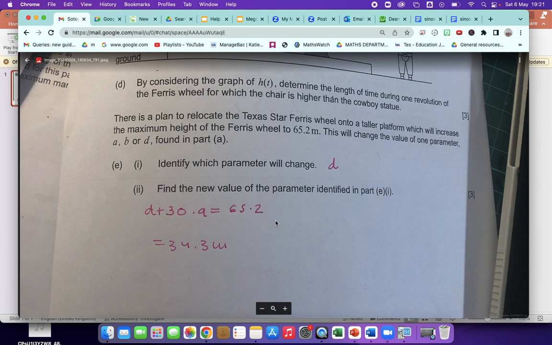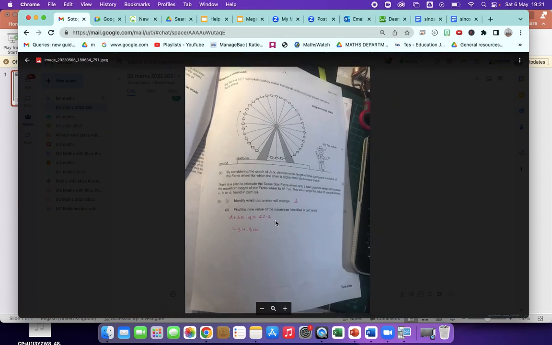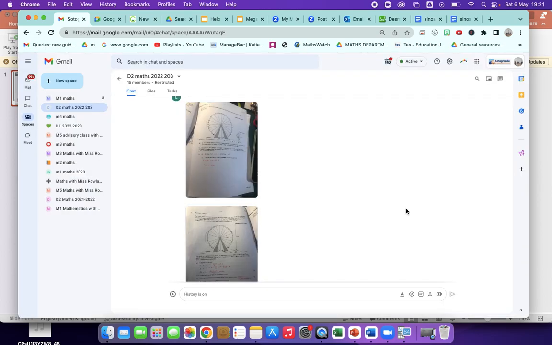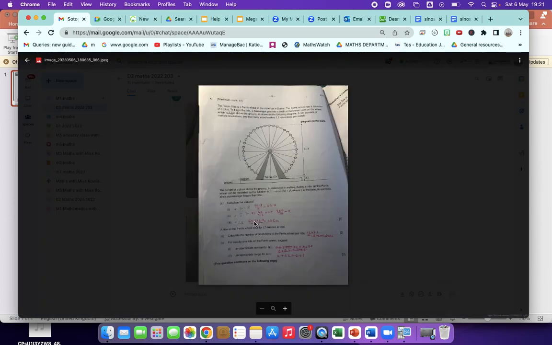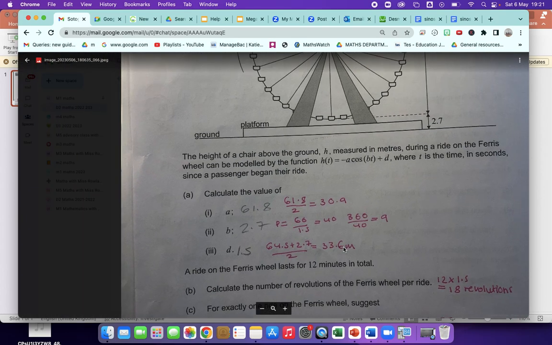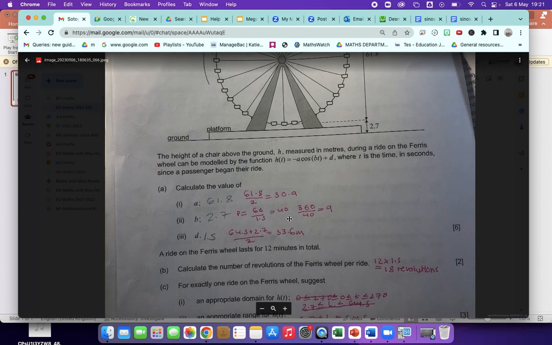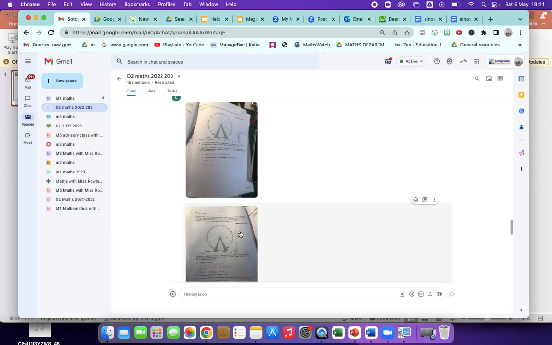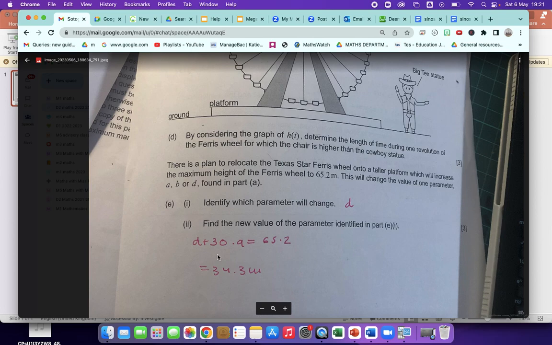So that's just 0.7 different. So you take the old value of D and you just add in 0.7. That's all you have to do. Very simple maths, which is 34.3. And we can see that this does agree with this answer, although I am unsure about this working out.